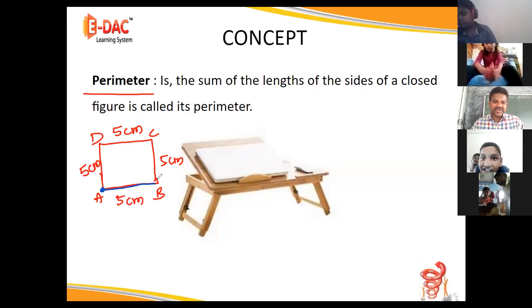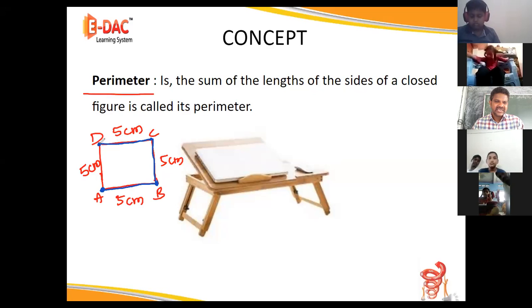He covered 5 centimeters. Then from B to C, altogether how many centimeters has he covered? 10 centimeters. From A to B 5 and B to C 5 centimeters. And again he goes from C to D. Now he completed 15 centimeters. And again he came back to the starting point.